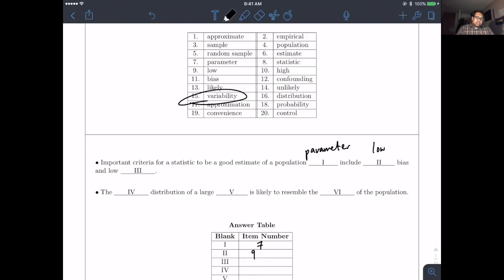And that makes sense, right? Because variability is how spread out the data actually is. And if the data isn't as spread out, then the more samples we take of it, the more likely it will look like the actual population parameter.